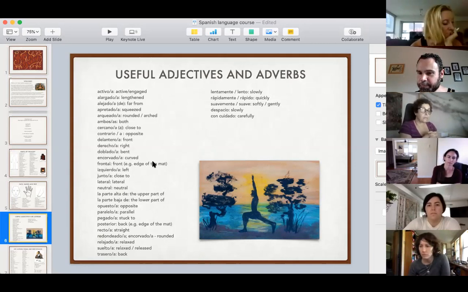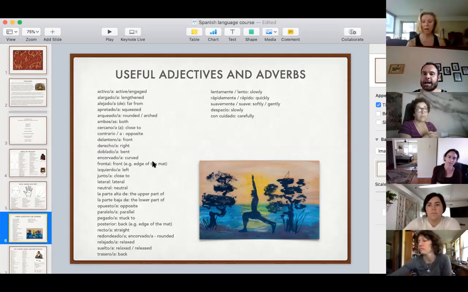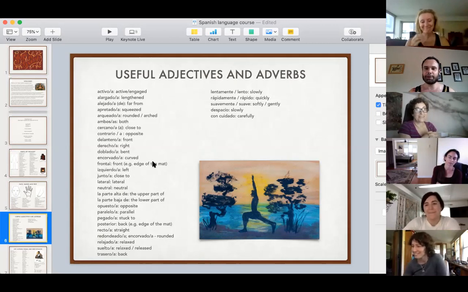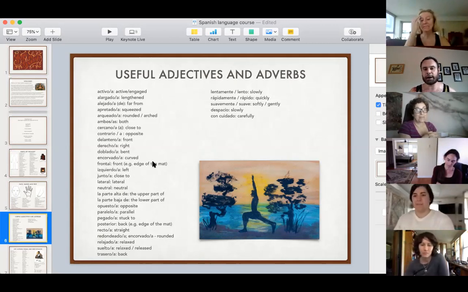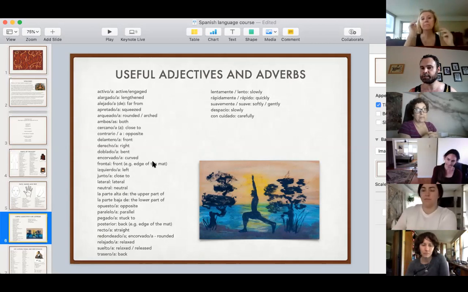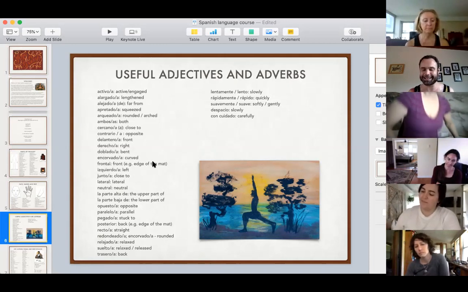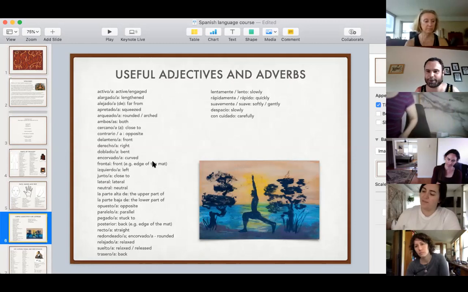So what I'm going to do now is guide you all through a short asana practice in perfect Spanglish. I'll be using parts of the body in Spanish, and the rest I'm going to guide in English. So it's going to be a little bit of an experiment.